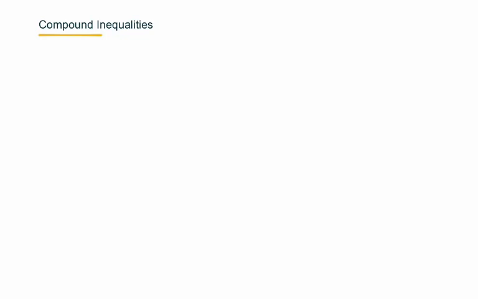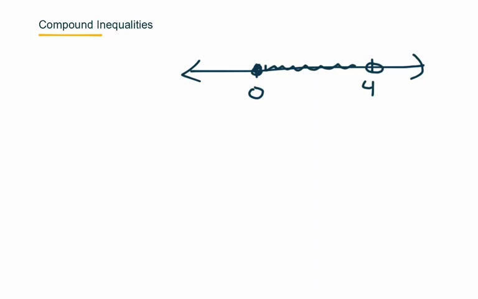So the first kind of compound inequality looks something like this. I'm going to do this visually on the number line. So you might have the number 0 and the number 4. And this type of inequality might look something like this, okay? It's all of the numbers in between the 0 and the 4, including the 0, but not including the 4.